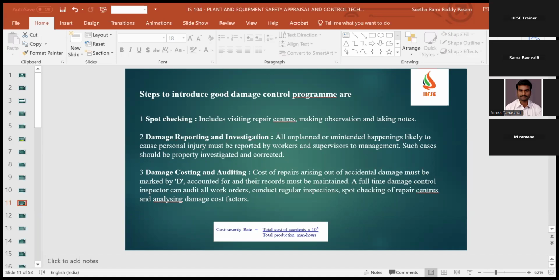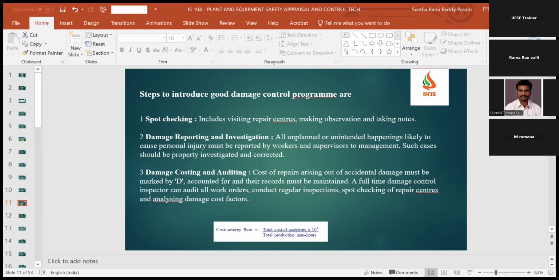Then damage costing and auditing. I have seen in my experience that the safety department only focuses on human related injuries or incidents. They won't do any investigation on property damages. I don't know about other organizations, I have seen one or two organizations.